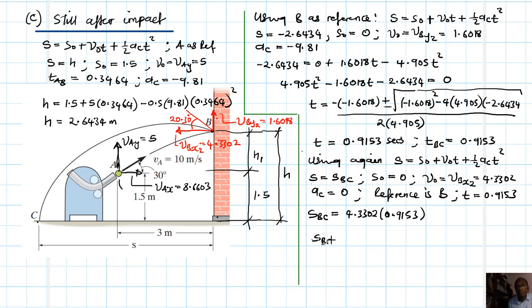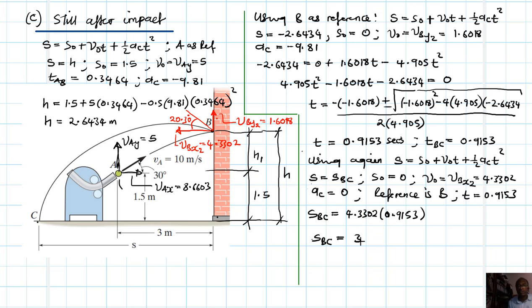Therefore, our SBC here is just going to be equal to 4.3302 by 0.9153.